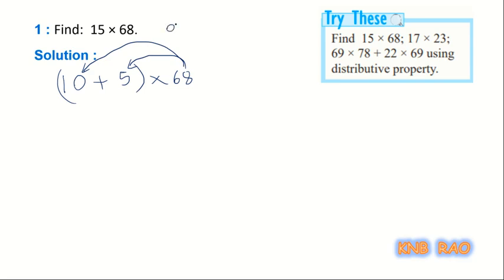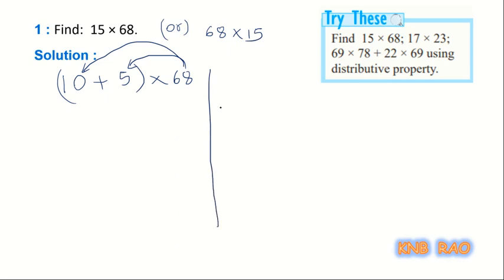Students, we already know that when we multiply any two numbers, the result is the same however they are done. That means I can even write 68 into 15 instead of 15 into 68.